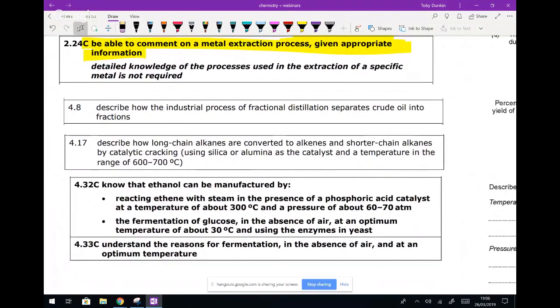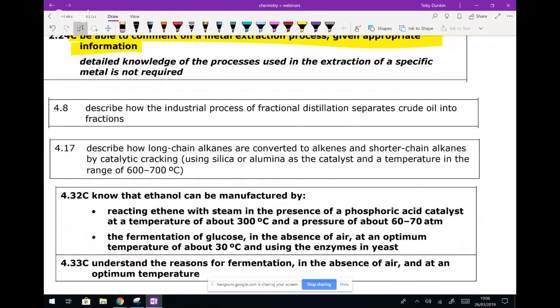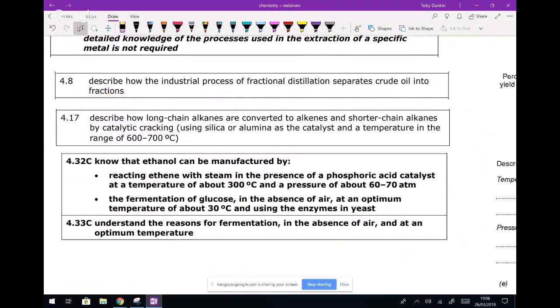The next one is describe how the industrial process of fractional distillation of crude oil occurs and how we separate it into the fractions. What I also want to point out here is that due to the reduction of industrial processes they're expecting you to know, they're going to amp up the questions they're asking regarding these ones.